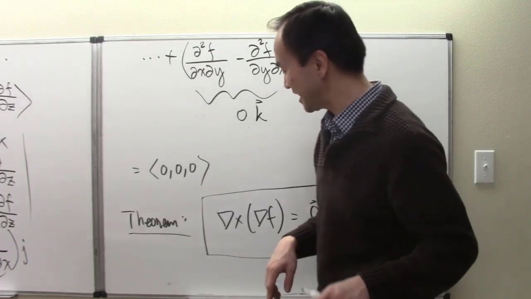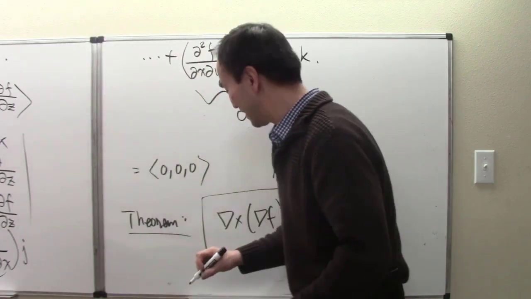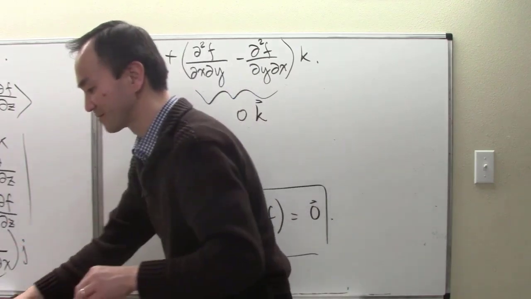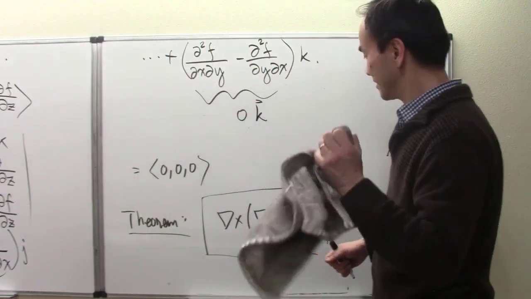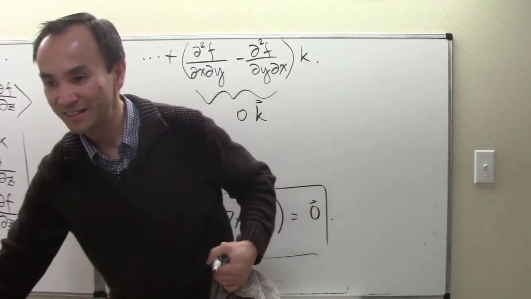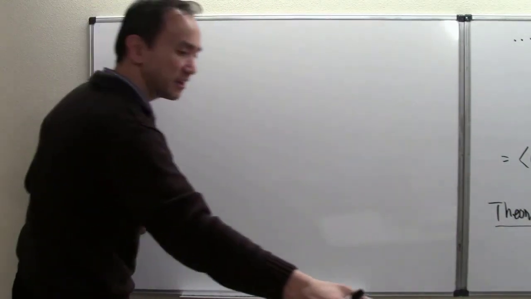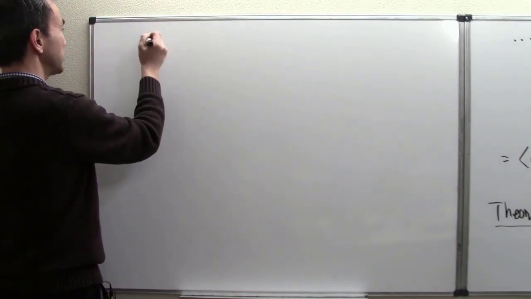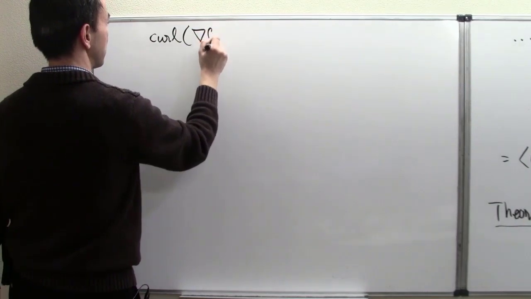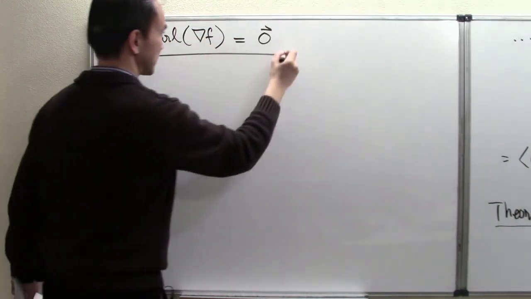So from that theorem right here, I can formulate the following understanding. The formula itself was written in a very compact way, just taking the curl. Taking the curl of any gradient vector field will give you a 0 vector. That's what the theorem says.